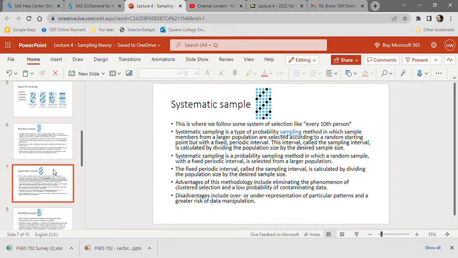Advantages of this methodology include eliminating the phenomenon of clustered selection and a low probability of contaminating data, right? So remember in the basketball example, in the classroom example, where if we had a couple of student athletes that played basketball, and we were interested in the heights of this class, but then we ended up selecting that cluster, like 3 or 4 basketball players ended up in our sample.